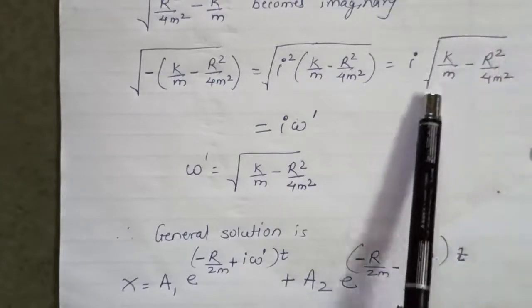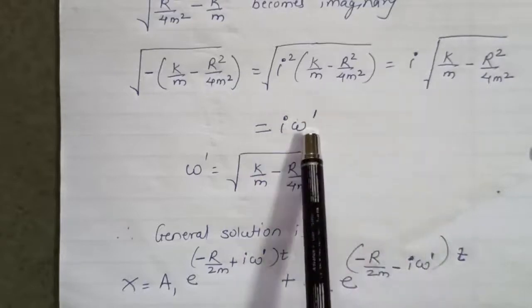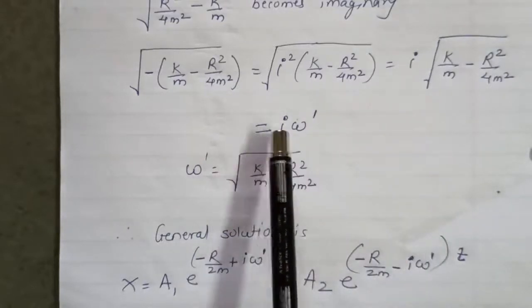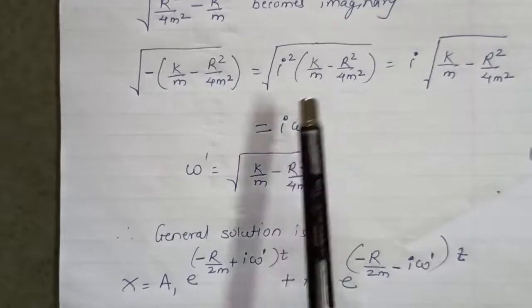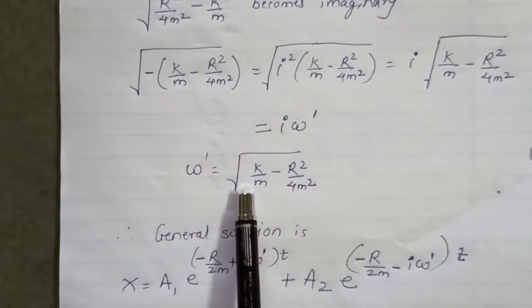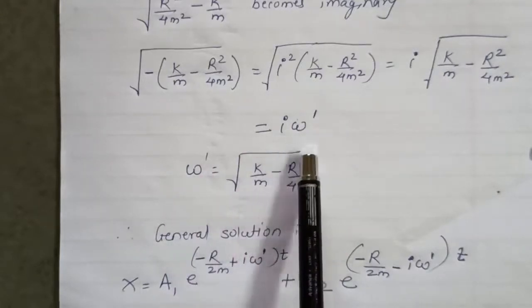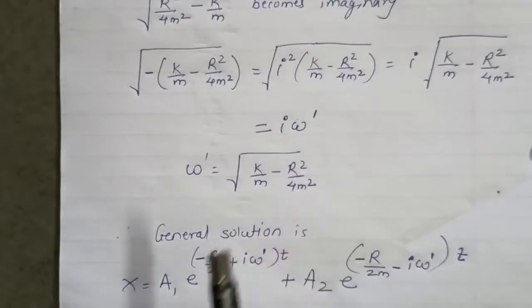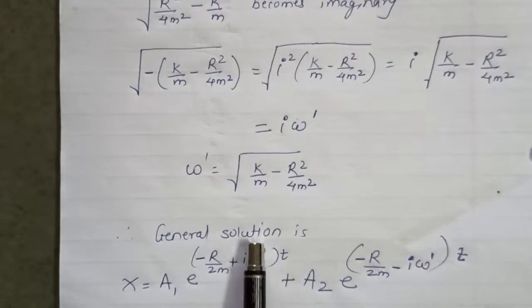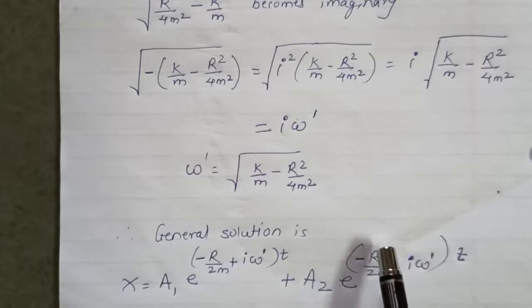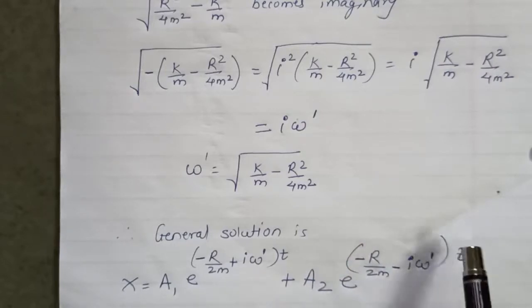Now put this whole square root as omega dash, so that it is equal to i omega dash. Omega dash is equal to square root of k by m minus r square upon 4m square. The general solution is x is equal to a1 e raised to (minus r upon 2m plus i omega dash) into t plus a2 e raised to (minus r upon 2m minus i omega dash) into t.